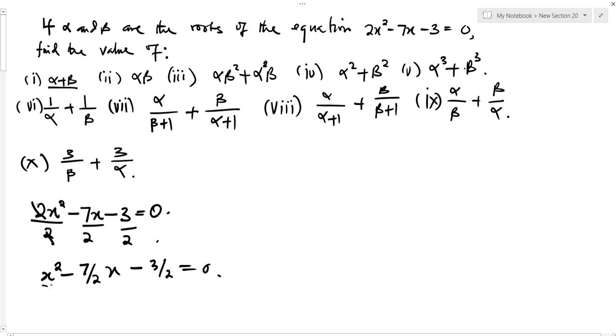Now they said if the roots of the equation are alpha and beta, meaning x is equal to alpha, or x is equal to beta.